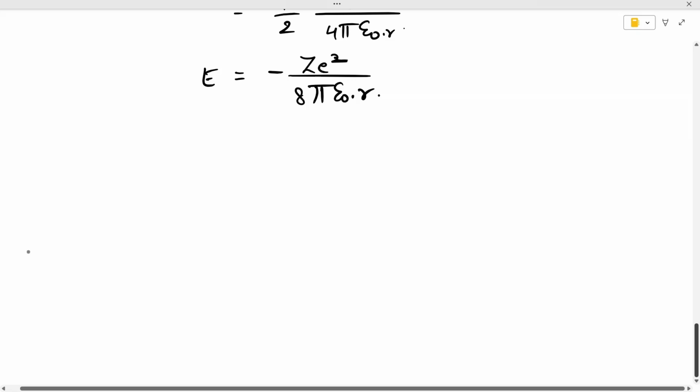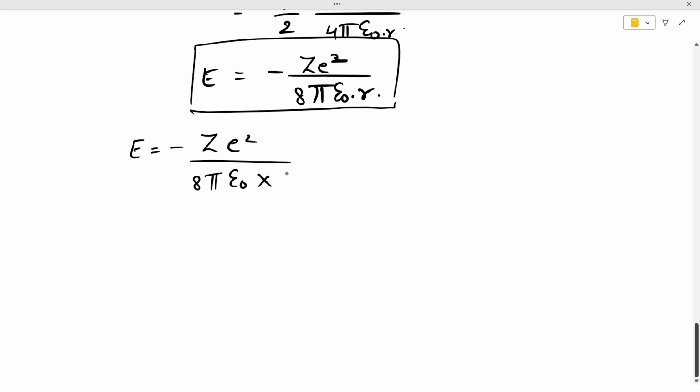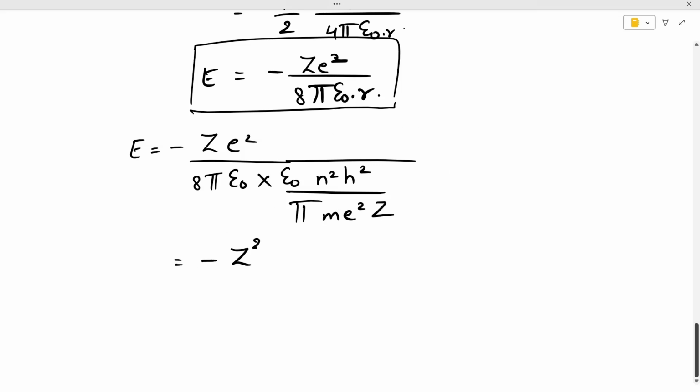Now next we know the value of R also. So we can put that value of R here, and what we'll get is energy is equal to minus Z times e square upon 8 pi epsilon naught into epsilon naught n square h square upon pi m e square Z. This Z will go up here, this e square will go up here, so we'll get minus Z square into e raised to 4.